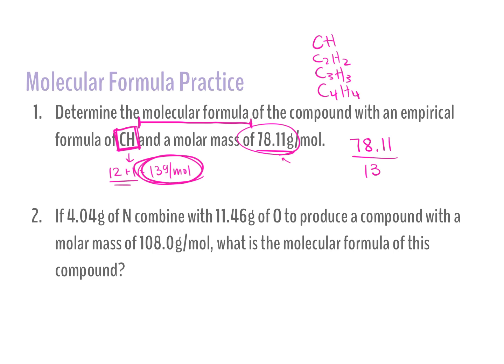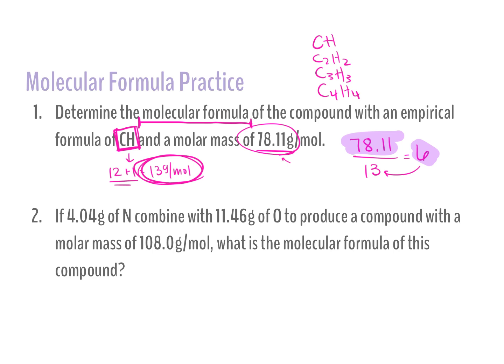This number should absolutely come out at a whole number, or very close to a whole number. 78.11 divided by 13 gives me 6.00846 something. So it's telling me that my unknown compound, which has a mass of 78, is 6 times larger than CH, right?